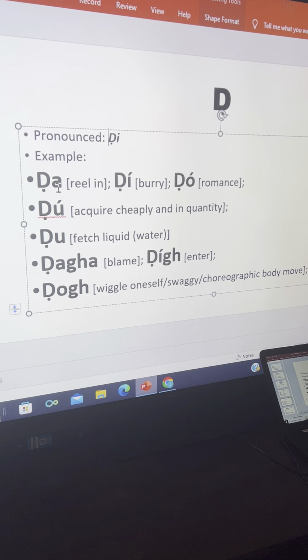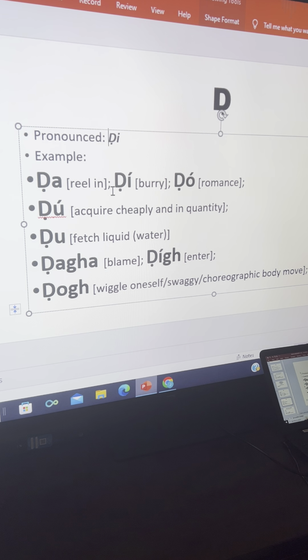So, D, A. Da. Da is simply to catch or to reel in, like you're reeling in a fish. Say da is to catch.